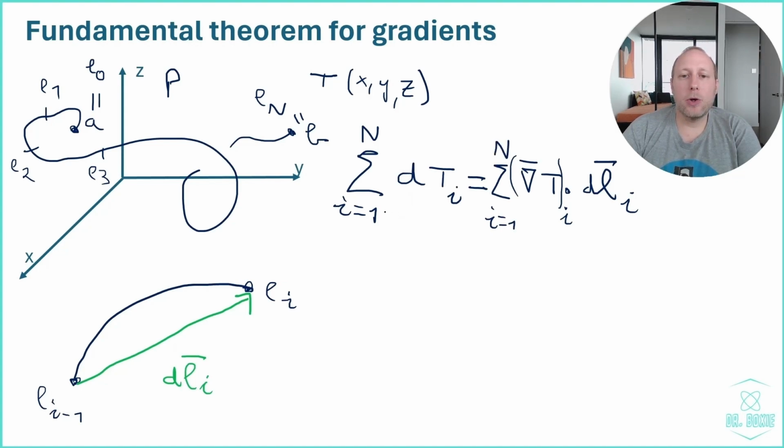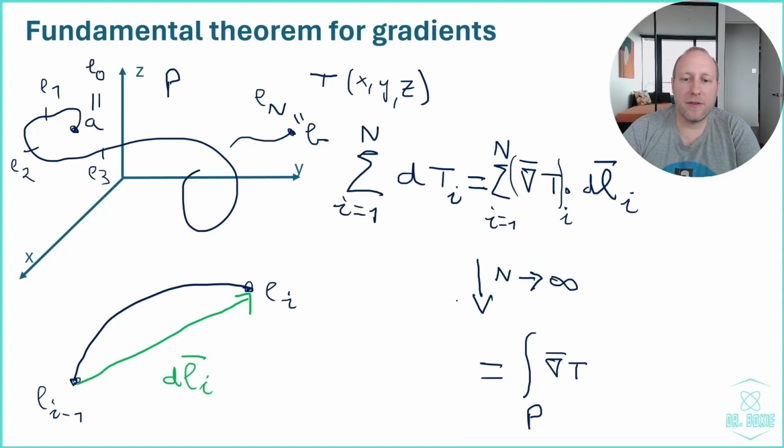Now, as n goes to infinity, the parts become smaller and smaller, and the right-hand side becomes the line integral over this trajectory P of the gradient of T dot dl. While the left-hand side, all we're doing is summing the changes in T, so what we will get is the total change in T, which is T at the final point minus T at the initial point.